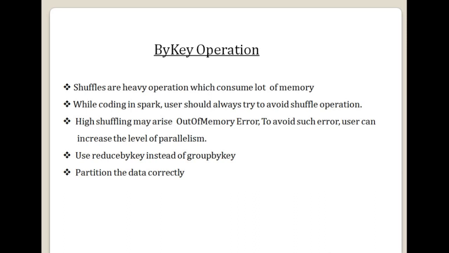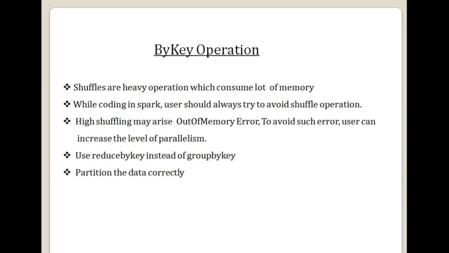So while coding in Spark, a user should always try to avoid any shuffle operation, because shuffle operations will degrade the performance. If there is high shuffling, then a user can get an out of memory error. In such a case, to avoid that error, a user should increase the level of parallelism.